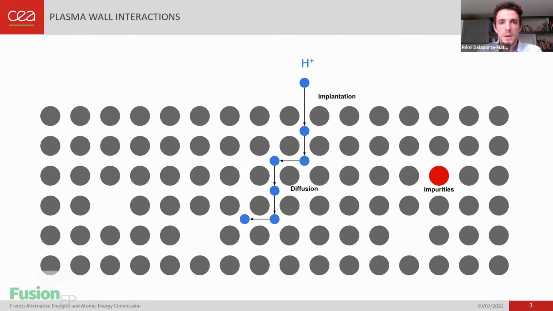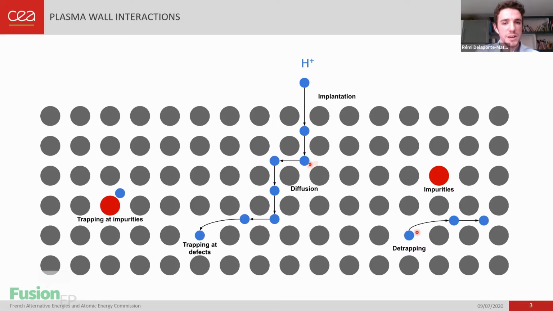All right. So what happens when you have plasma wall interactions? First, you're going to have implantation from the plasma into the material of hydrogen ions. These ions will eventually diffuse from one interstitial site to another, and they can eventually be trapped at defects such as vacancies or even impurities.